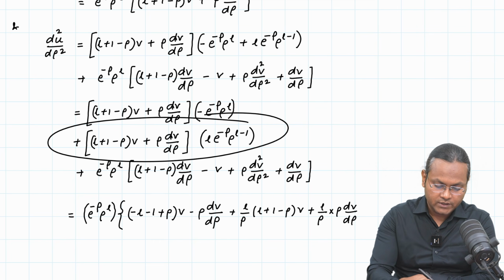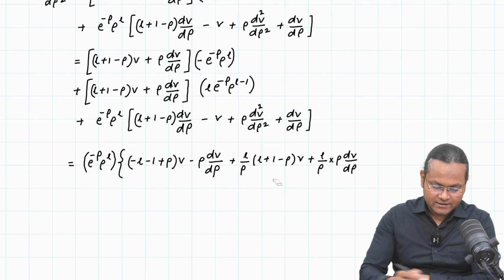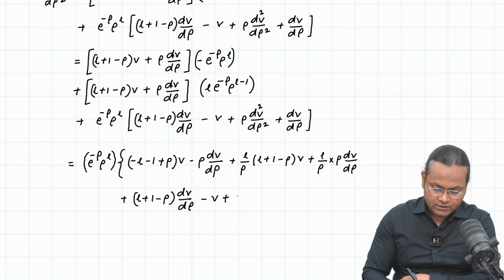Fine. I hope you are following these steps. Even though they're lengthy, I'm trying to go step by step. And for the last term, we have plus L plus 1 minus rho dV upon d rho minus V plus rho d2V upon d rho 2 plus dv upon d rho.